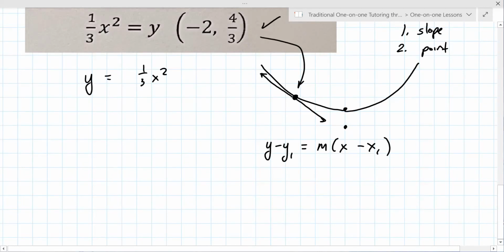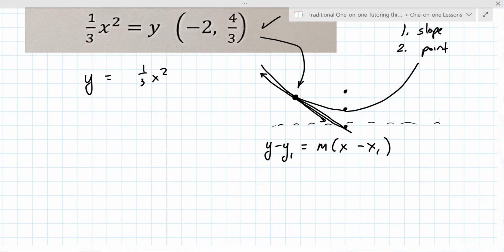Do you guys know? Remember from class? Does it have to go through this point here? Well, the focus isn't here, so this would be the directrix. Jamie, do you remember? I'm trying to think. So what is the focus?